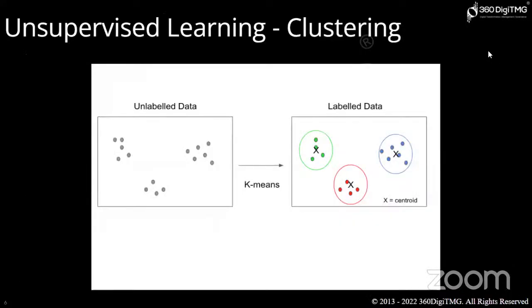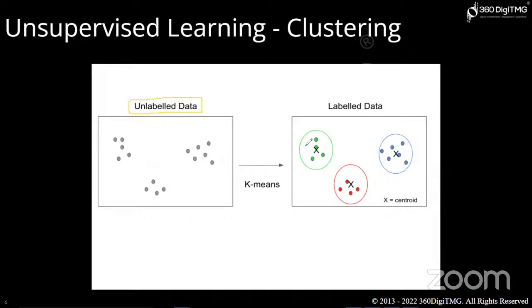Now we try to understand what clustering is. In this image, on the left side, this is nothing but unlabeled data. I have some data. We don't know what this data is. Now on the right side, after applying k-means, I can see that there are three different clusters here.